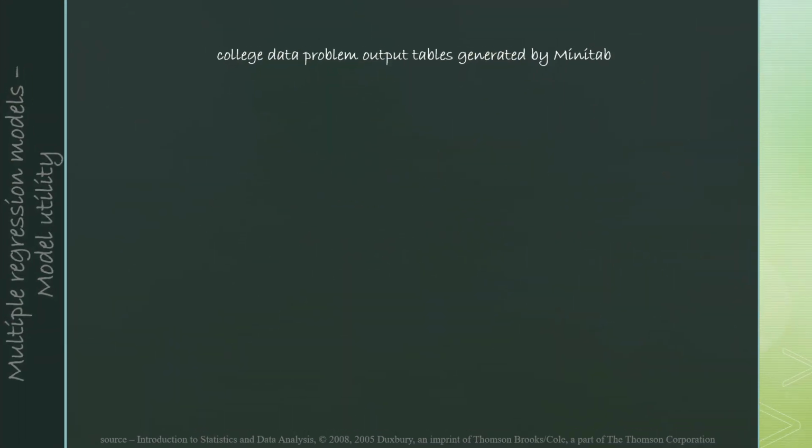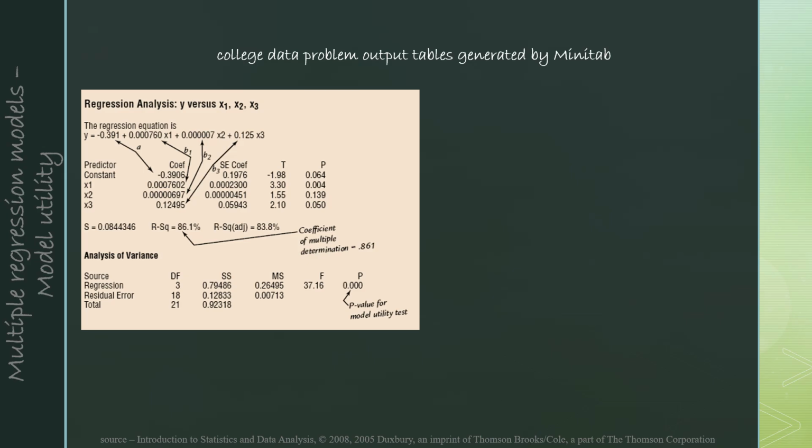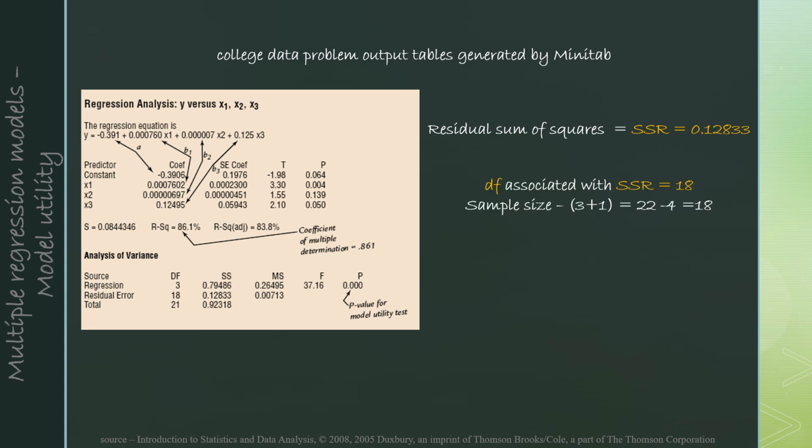Getting back to the college data problem and taking a look at the output tables generated by Minitab, we have residual sum of squares SSR equals 0.12833. Number of degrees of freedom DF associated with SSR equals 18, which is sample size minus the number of predictors 3 plus 1, which equals 22 minus 4, which equals 18.